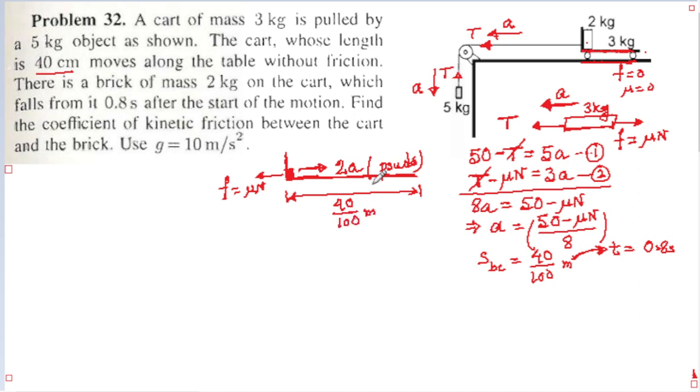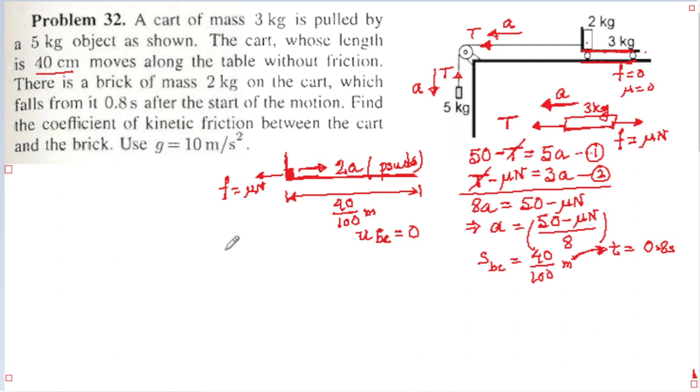Also the motion starts from rest, so the initial velocity of the brick with respect to the cart is equal to 0.